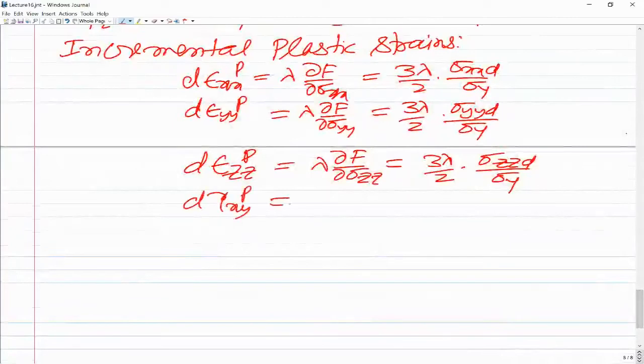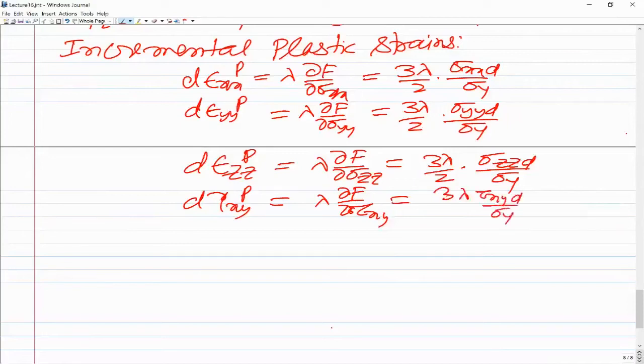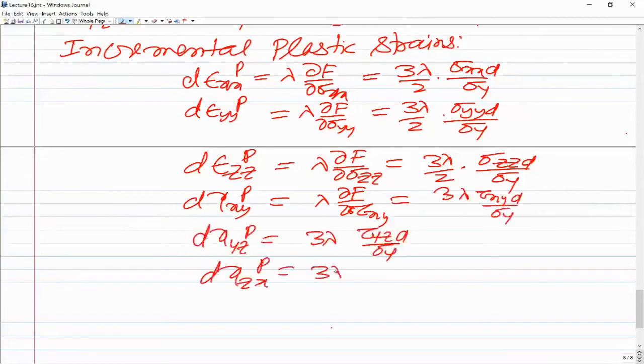So d gamma xy is lambda times del f by del tau xy, and that is equal to 3 lambda into tau xyd upon sigma y. Similarly, d gamma yzp will be equal to 3 lambda tau yzd upon sigma y, and d gamma zxp will be equal to 3 lambda into tau zxd upon sigma y. So you can write like this.